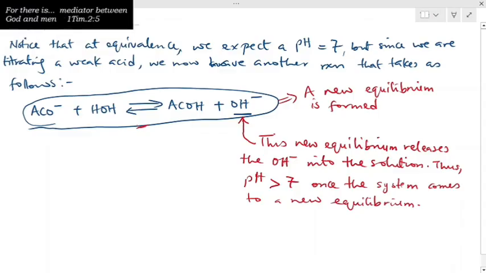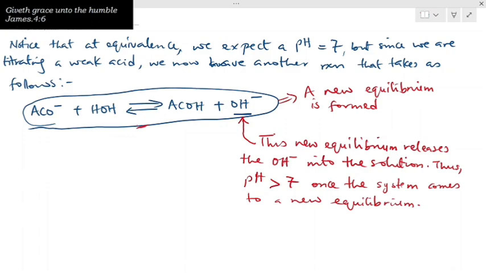So if I have the acetic acid solution, if I titrate it, and if I have just enough OH minus, that is the base, to convert all of the original acetic acid to acetate, at that microsecond the pH is going to be 7. Everything is neutral.